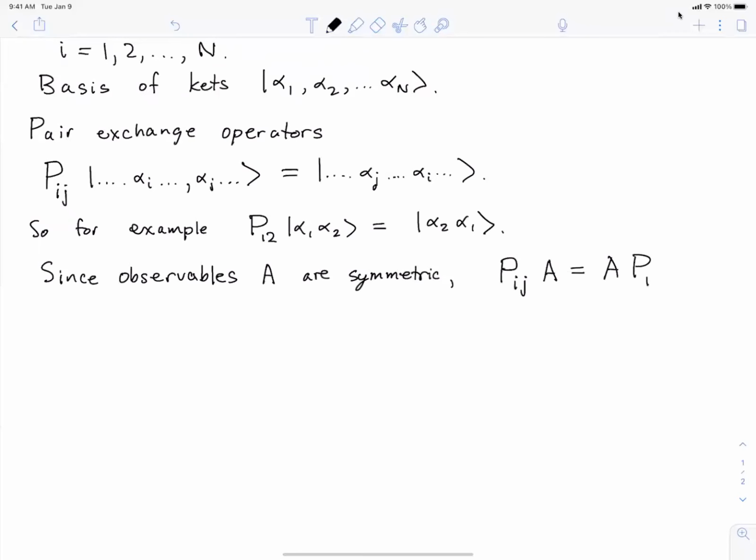In other words, they commute, and that's true for any i and j. So this is for any pair exchange operator Pij and observable A.